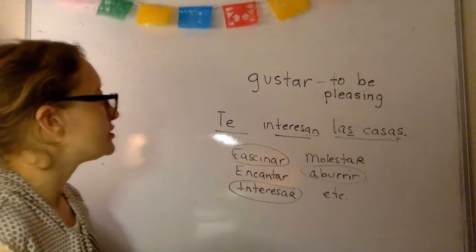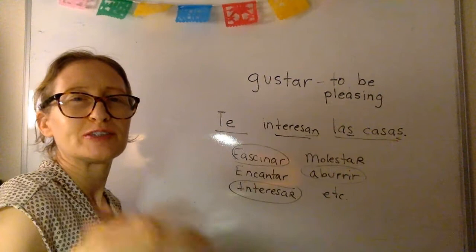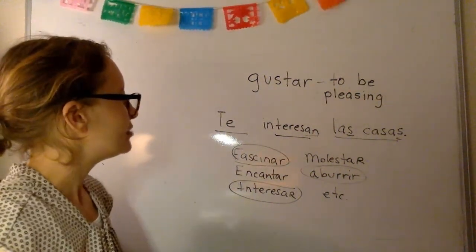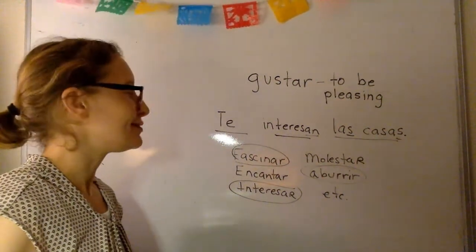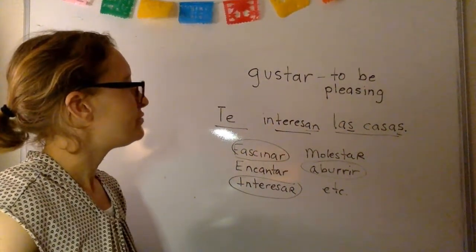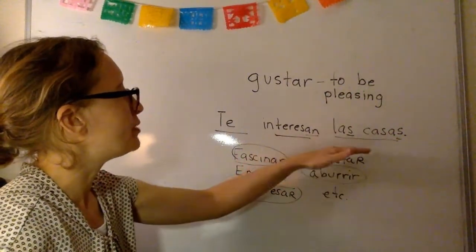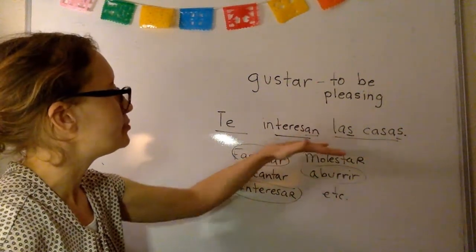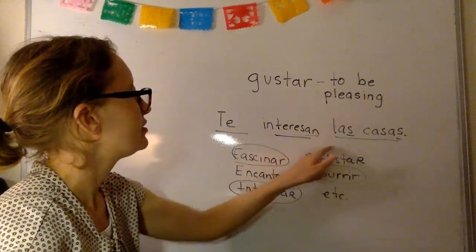Now it's a little challenging to say this spontaneously when you're first learning, but the more you hear it and the more you work with it, the more natural this becomes. So it will become like second nature if you just keep working at it. But if you're just starting out, remember that it's helpful to work backwards. If you work backwards and use the same English structure, you'll pretty much get it right. Houses are interesting to you, and make sure these agree.